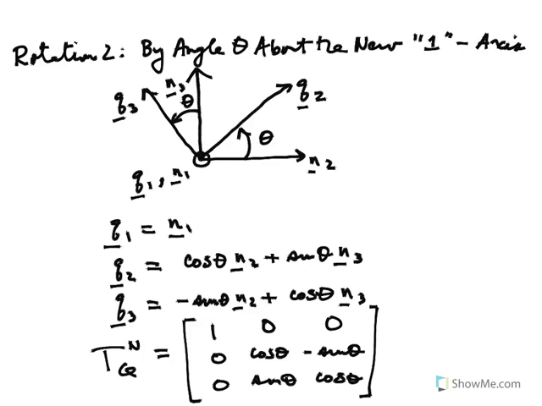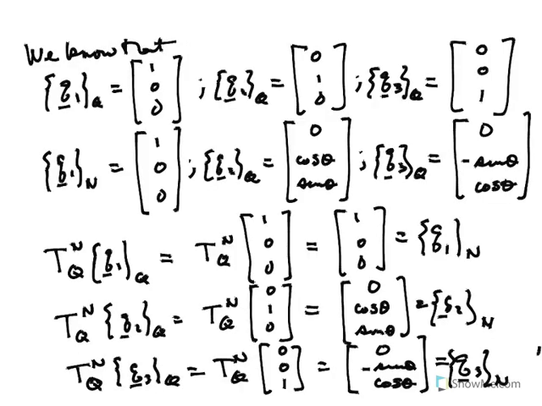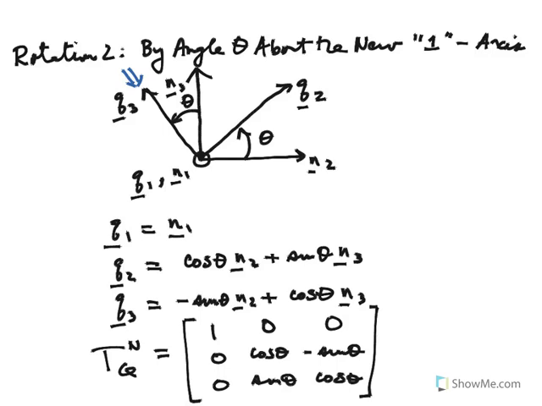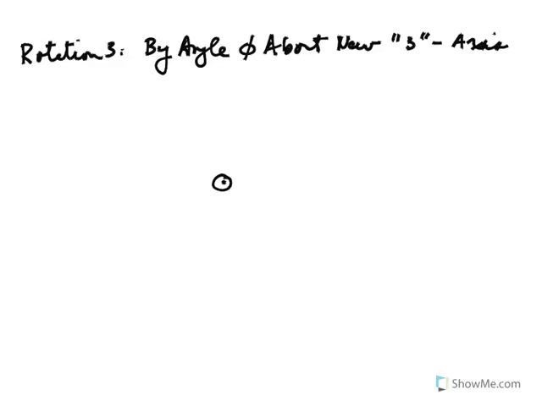Now what we're going to do is look down on the direction Q3. If I look down on the direction Q3, you'll see that Q3 will come out of the page. But if I'm looking down that direction, I see that Q2 is off to the left. This is Q2, and this becomes Q3. So Q2 crossed with Q3 has to give me Q1, so Q1 is in the direction shown.